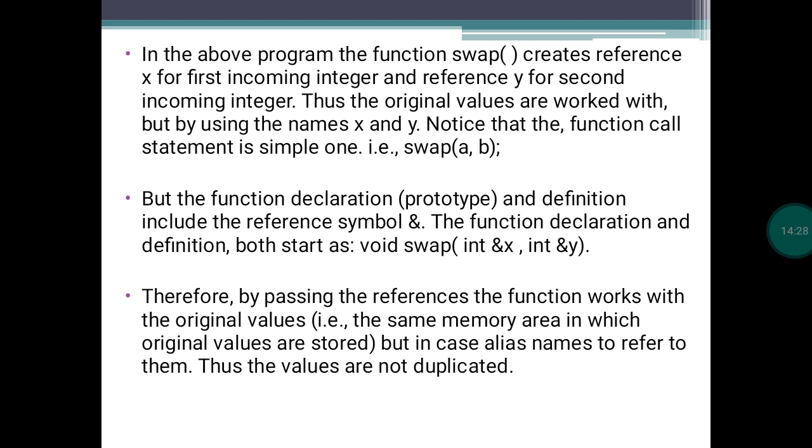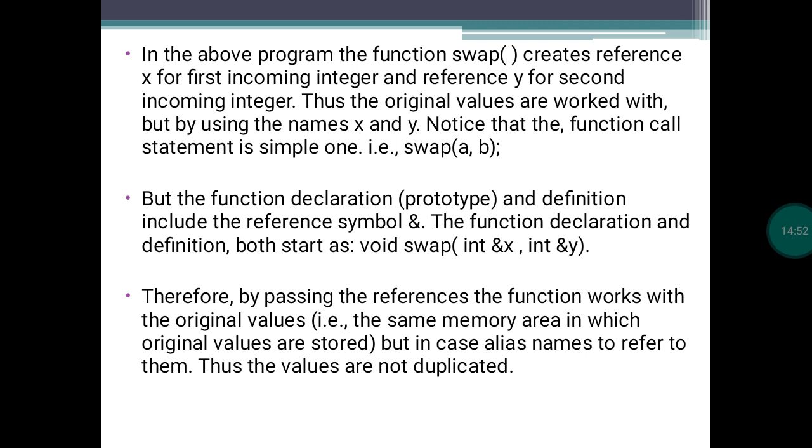So I already told you A becomes x, B becomes y. But the function declaration prototype and definition include the reference symbol ampersand. Both start with void swap, int ampersand x, int ampersand y.